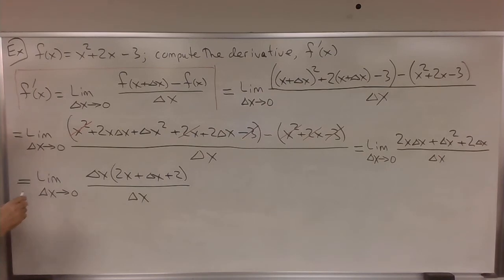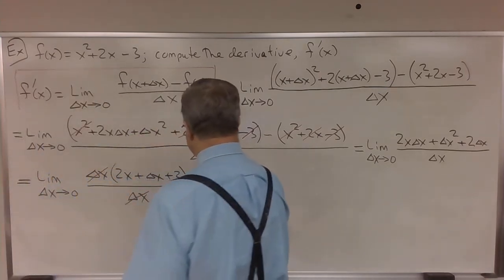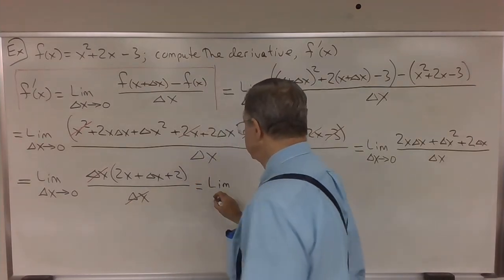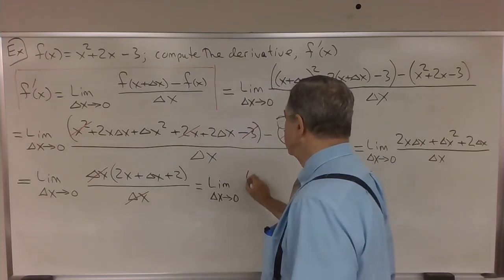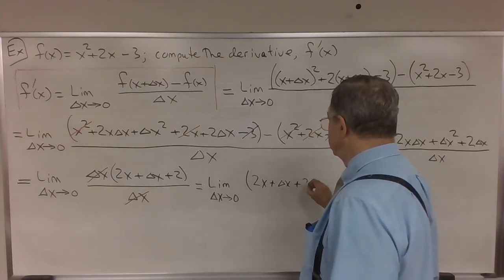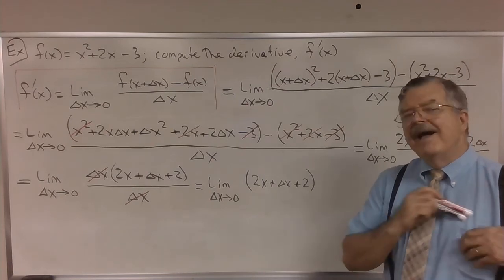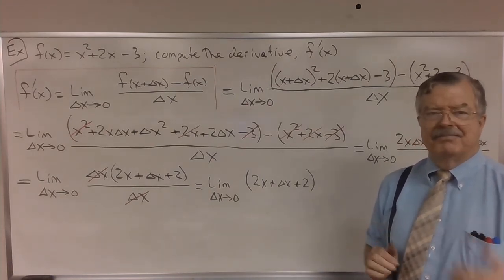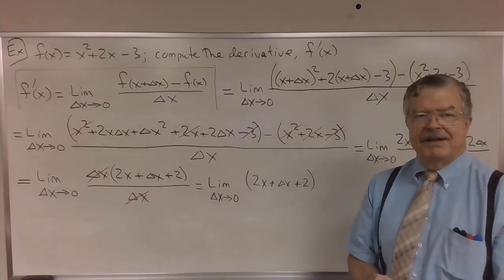And I can cancel the troublemaking factor in top and bottom. I got rid of the troublemakers. I got rid of the factor that was causing division by 0.